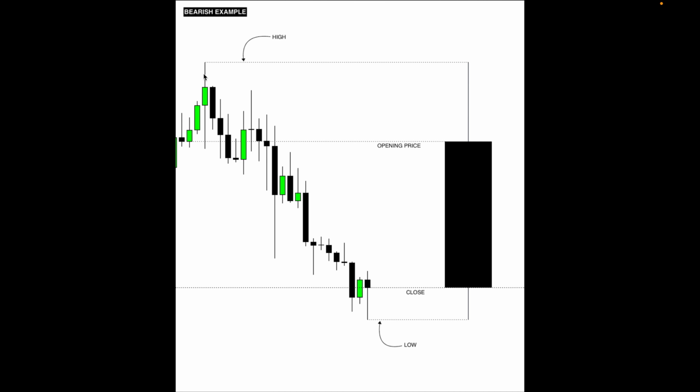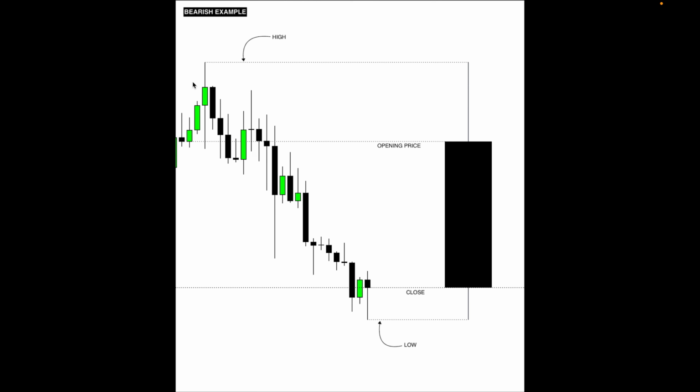We get a move higher to form the high of the day, the high of this daily candlestick. Then price moves to the downside to form the low of the day, the low of this daily candlestick, and then price moves back into the daily range to close the day out, which is the close of the daily candlestick. So that's the bearish example of a directional candlestick.